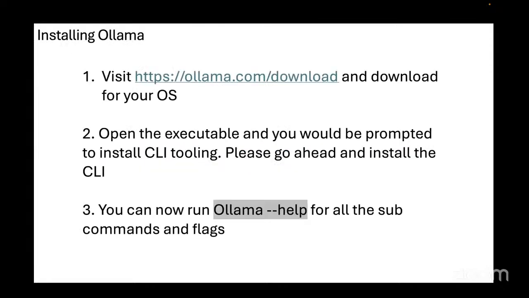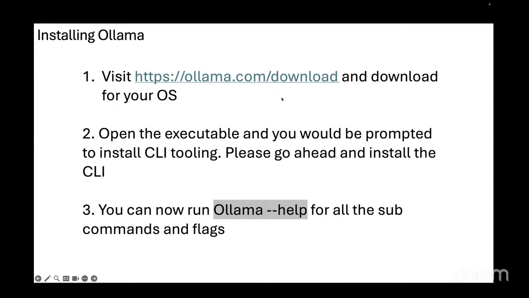Okay, so for installing Ollama, you can just visit this web page and download it for your OS. Based on your OS, you download it to your laptop, open the executable, which is a set of straightforward actions, and then you can go ahead and install the CLI locally.